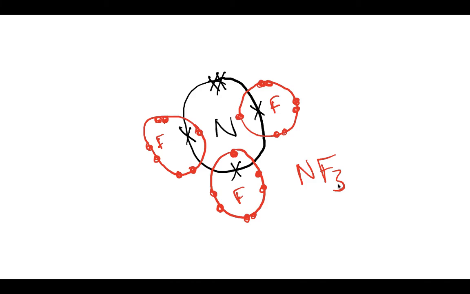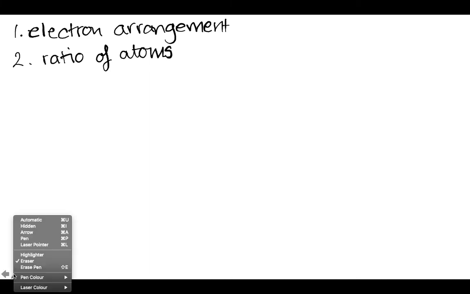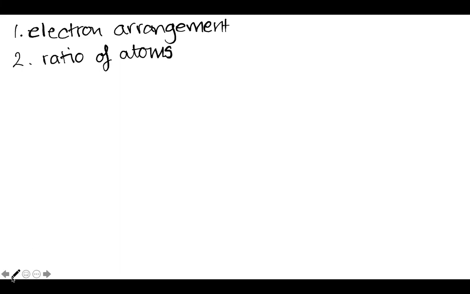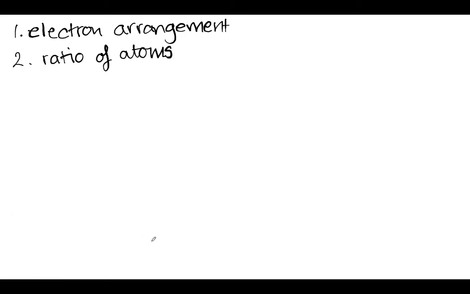NF3. Okay, so let's do one more just for completion. Don't like number 3. Gonna do a fourth one just for fun. And the fourth one that I'm going to do is carbon tetrachloride.